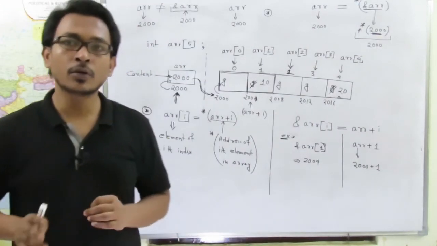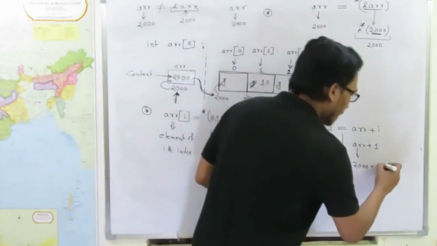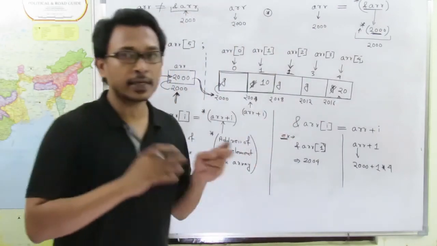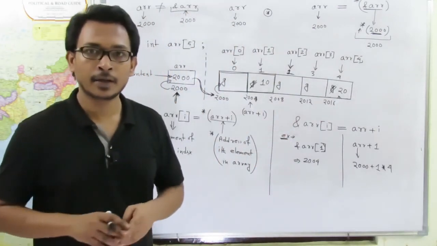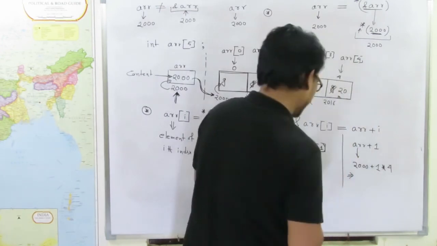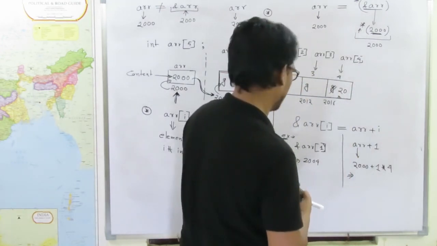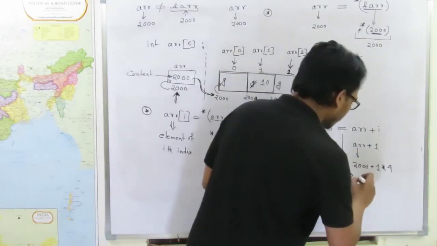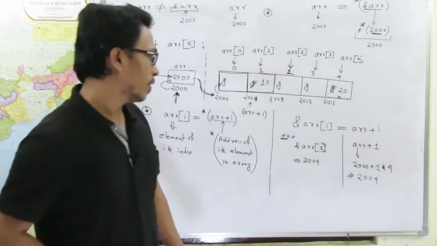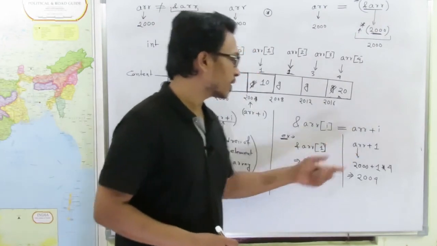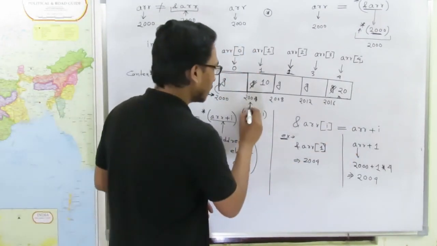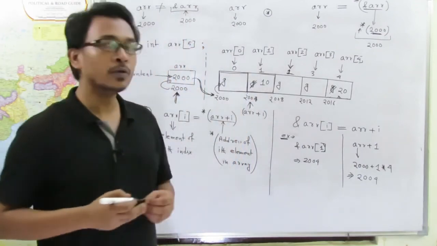So what will the system do? The system will multiply by the size of data, which is 4 in this case, as the data is integer type. Now perform the operation. So here also we will get 2004. Now look, both of these instructions give us the same thing, and that is this particular address 2004.